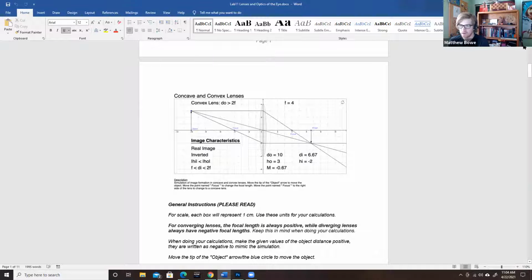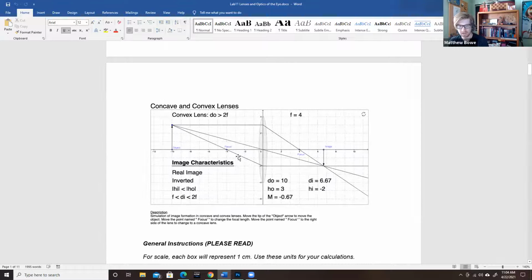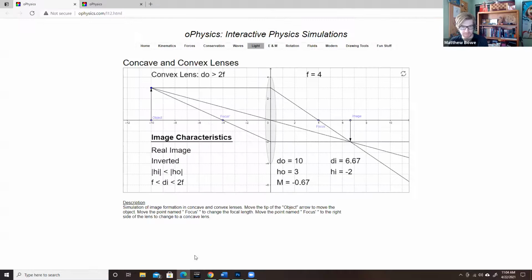Here you'll see something that looks like this grid. You'll see these squares. Each square is 1 centimeter, so that'll make it easy to measure length.